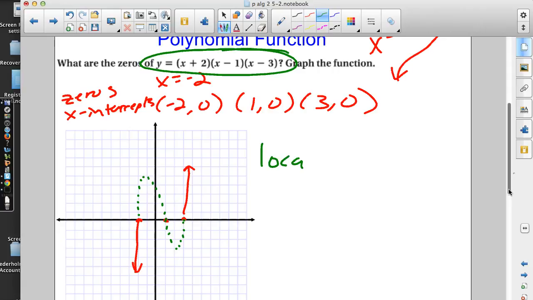So local max of 8.2 at negative 0.8. So let's see, negative 0.8, 8.2. Yeah, I was off there.